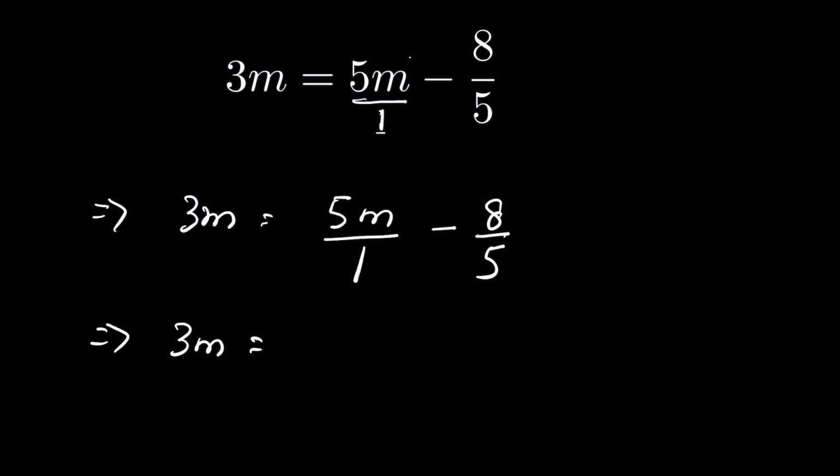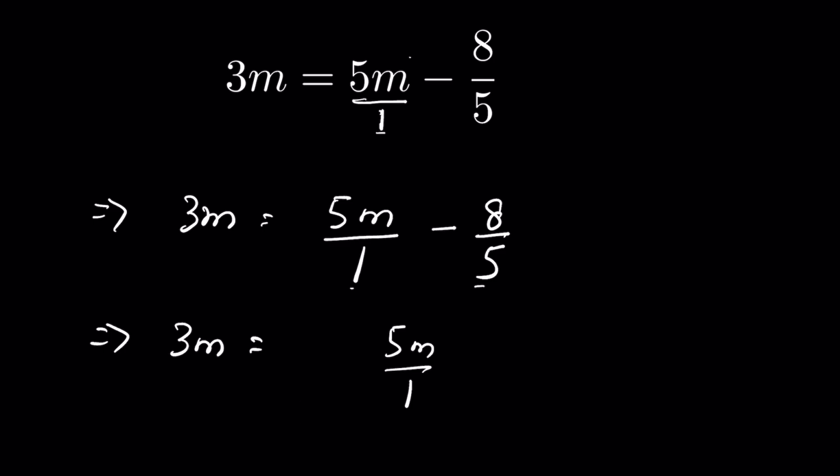3m is equal to, now they have unequal denominators. To find a common denominator, if we multiply 5 upon 5 to 5m upon 1, there won't be any difference, because if we multiply 1 to 5m, it is equal to 5m. So instead of 1, if we write 5 upon 5, it is equal to 1, because 5 times 1 is 5.